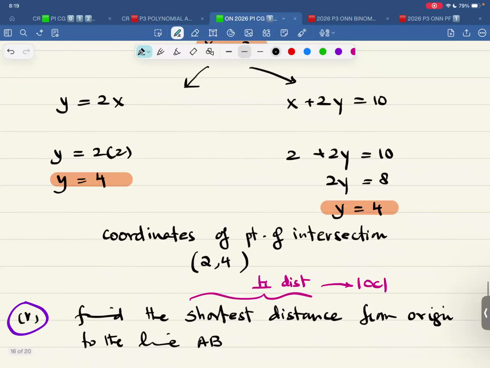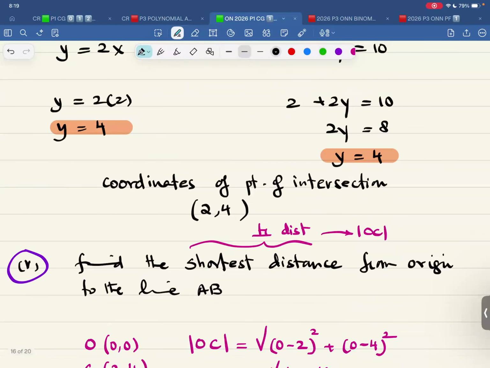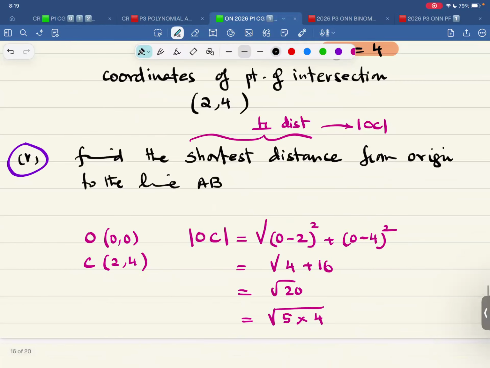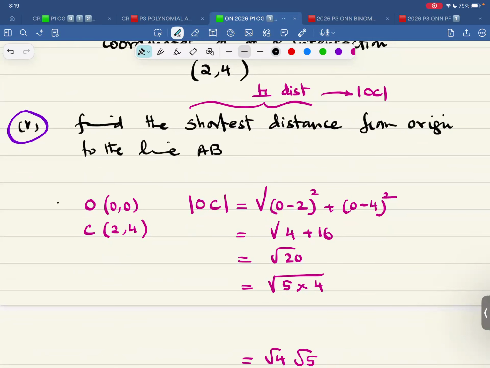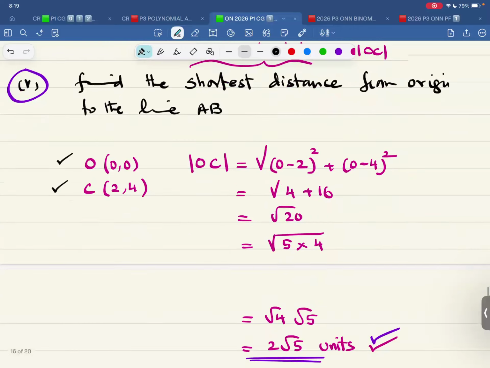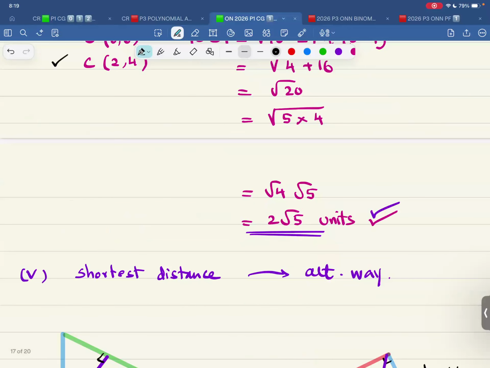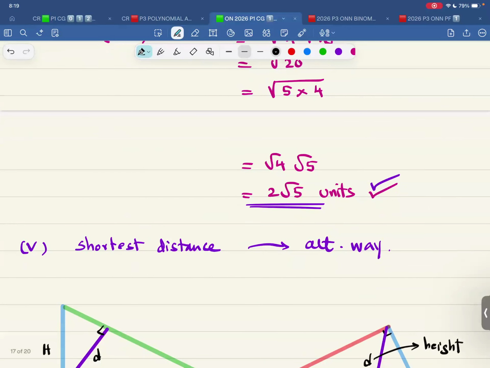So I hope this is all good, all clear. That is the point of intersection. And now if it says find the shortest distance from origin to the line AB, that is the origin O to the point of intersection, that distance comes out to be 2 root 5 units.